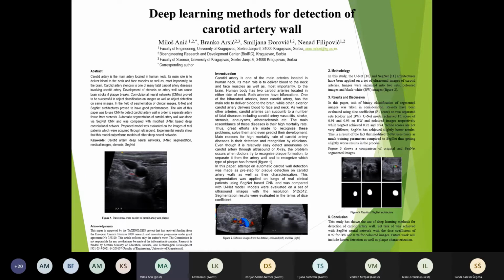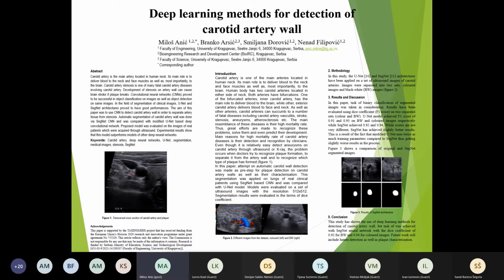While the scores are not that different, SegNet has achieved slightly better results here. So, which is the result of the fact that UNet has twice as many training parameters compared to SegNet, which allowed it to train on the data set more easily.